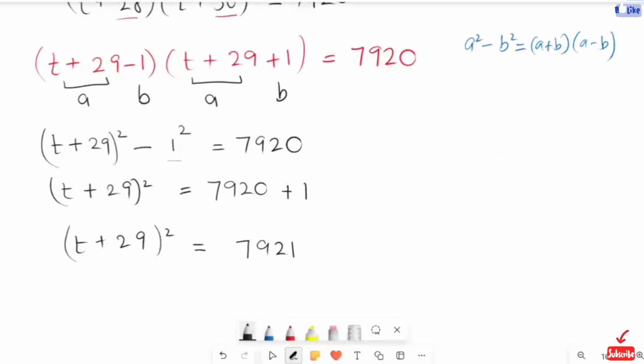7,921. Now I am going to take root both the sides. So here this square and this root get cancelled. So the remaining expression we have t plus 29 is equal to, and the root of 7,921 is 89.